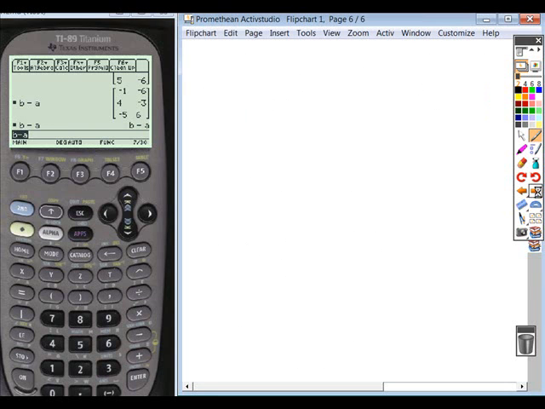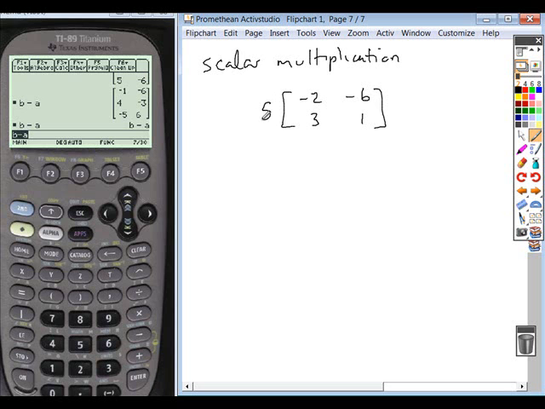One more thing that you're going to be asked to do in this is called scalar multiplication. And what that means is you take a matrix and you're multiplying every term in that matrix by some common multiplier.